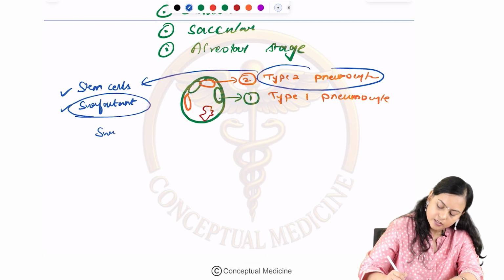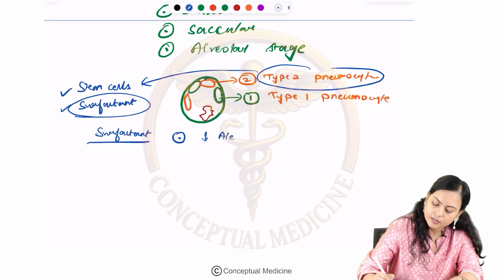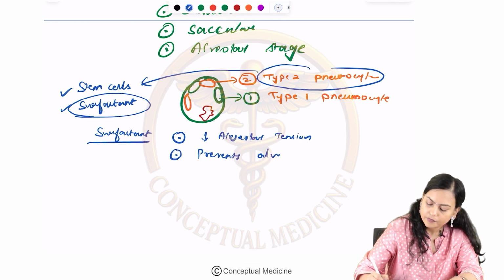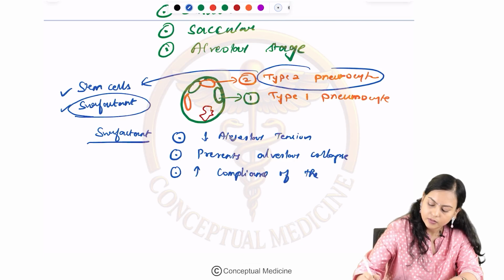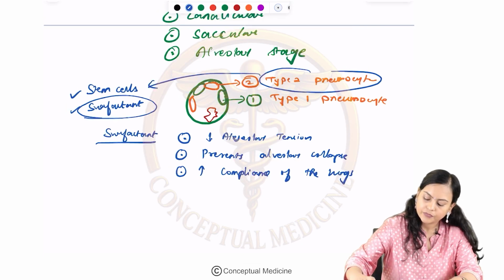Coming to surfactant, what is the importance of surfactant? Surfactant reduces alveolar tension, prevents alveolar collapse, increases compliance of the lungs.